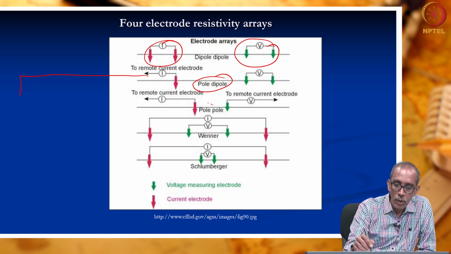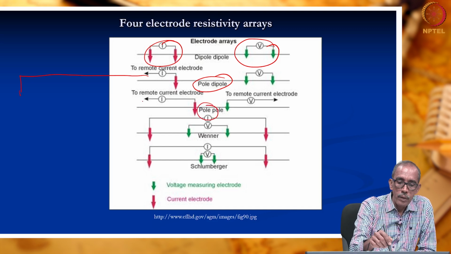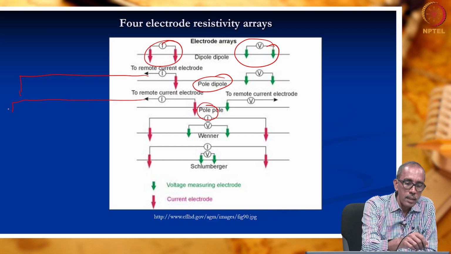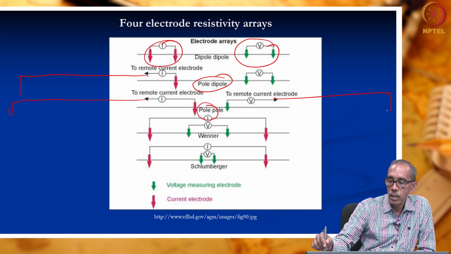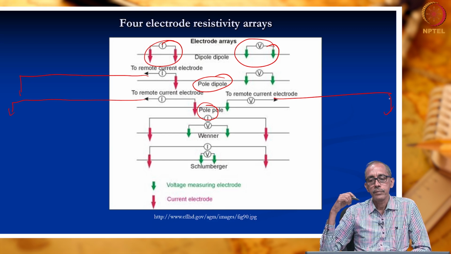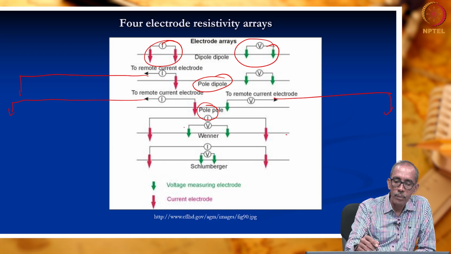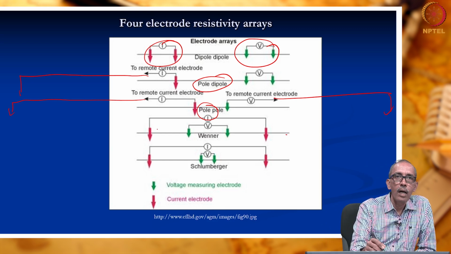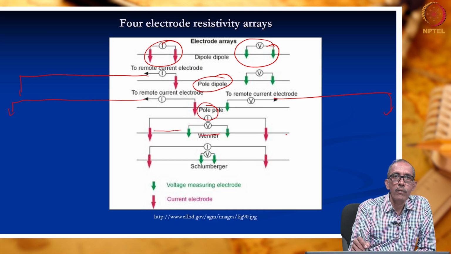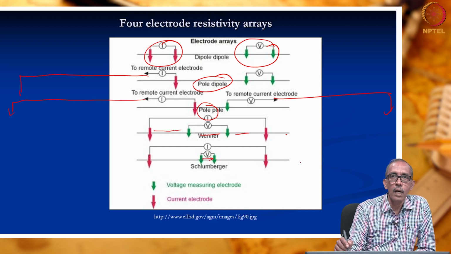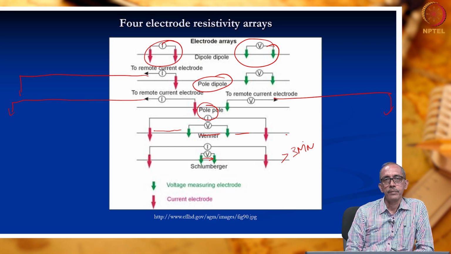Then pole-pole method, similar to previous method, both current as well as one potential electrode is kept at greater distance. Then Wenner method. In Wenner method, as we had seen just now, all the four electrodes are kept at equal distance. In Schlumberger method, potential electrodes are kept closer to each other. Current electrodes are at distances greater than 3 times of MN. That is Schlumberger method.